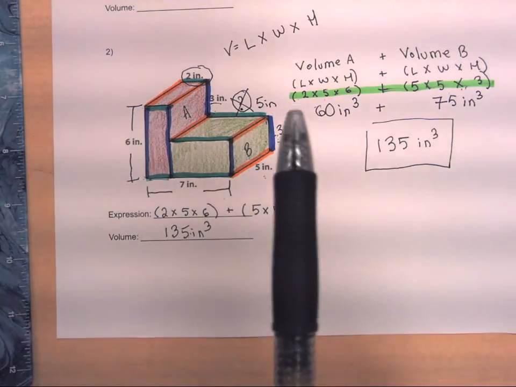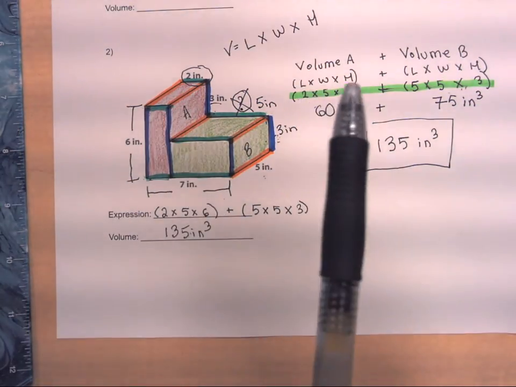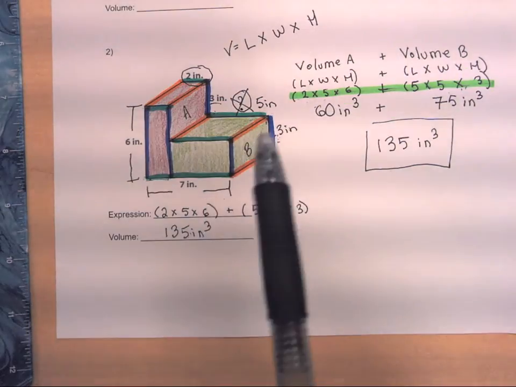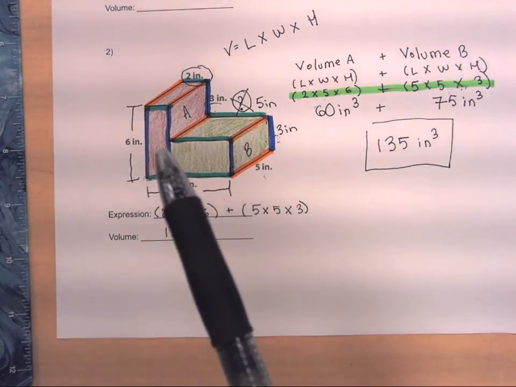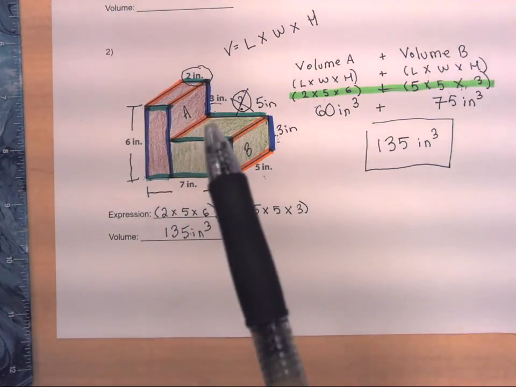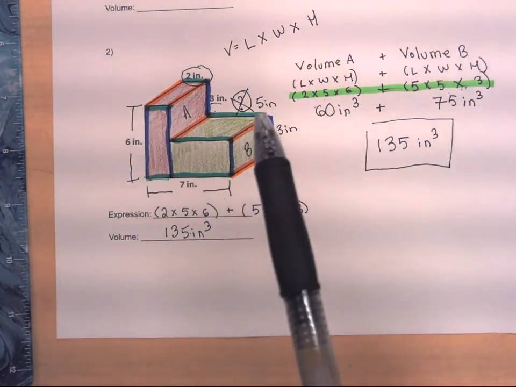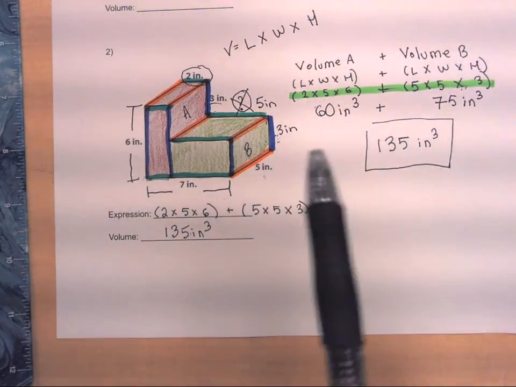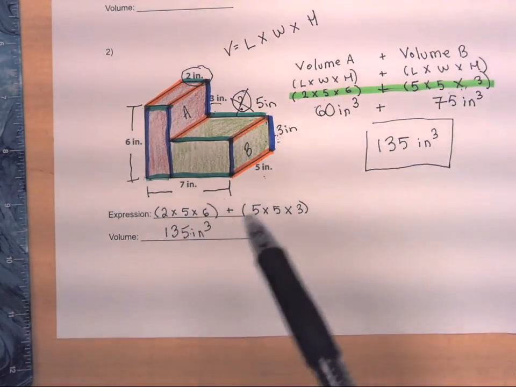But instead of finding the volume of each prism by multiplying those dimensions, they'll instead add them and then add them again. So we want to make sure that we're multiplying at first to find the individual volumes, and then finally adding the separate volumes together to find the volume of the composite figure.